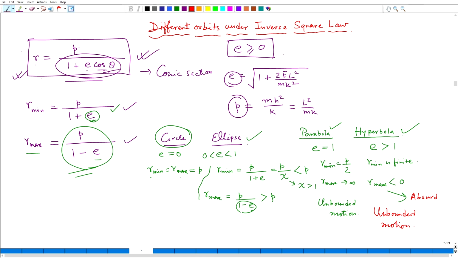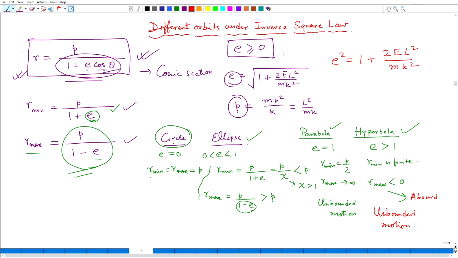Okay. Now, I can tell you another important thing, what happens in circle, ellipse, parabola and hyperbola in terms of energy. We now know the relation between E and capital E: E square is equal to 1 plus 2 E L square by m k square.